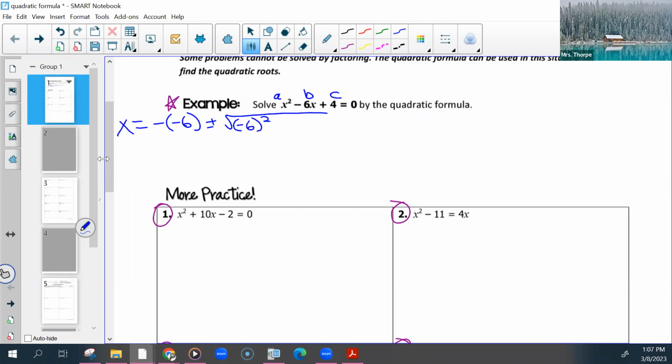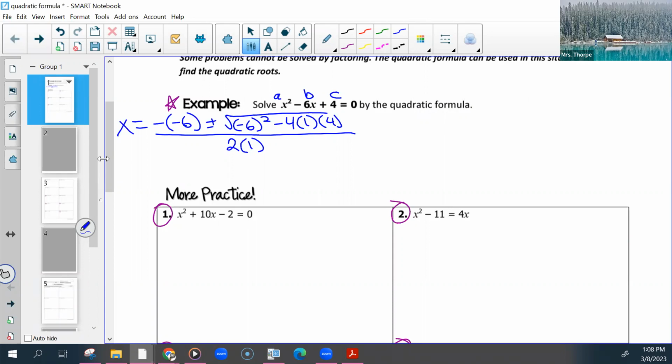I'm gonna use parentheses. The negative 4 will always be there. Then you're multiplying a, which is 1, and c, which is 4. And that's all over 2 times a.